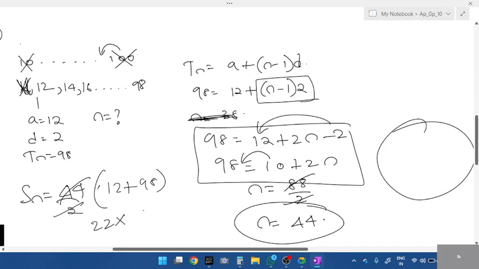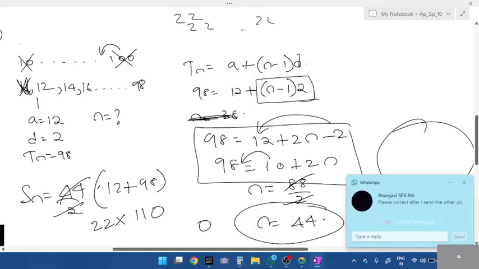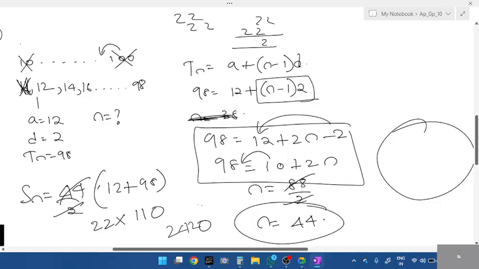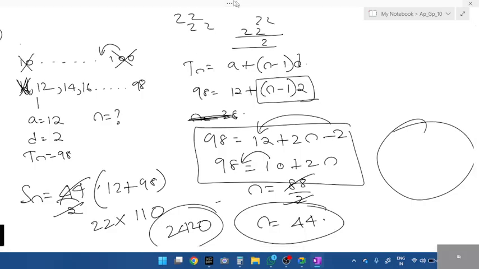Is the answer correct? 110? Yes, the answer is 2420. All of you understood how to solve? 2420 is the answer, students. Correct answer.